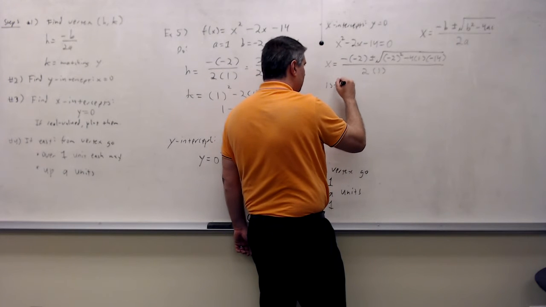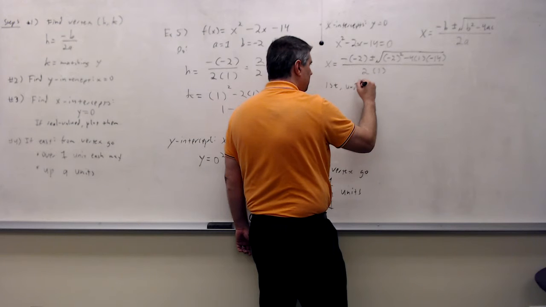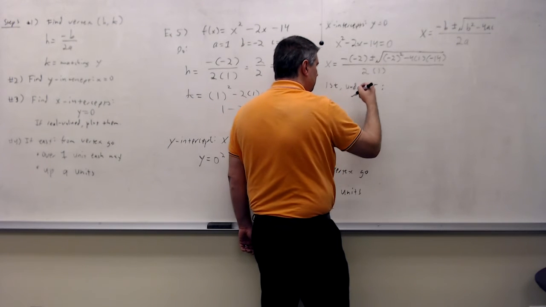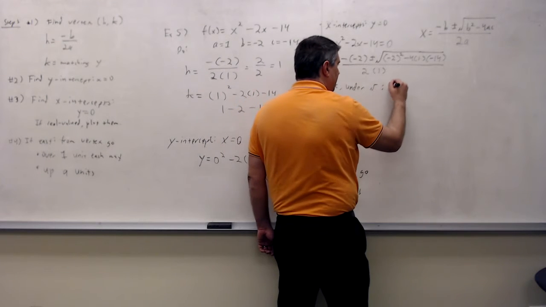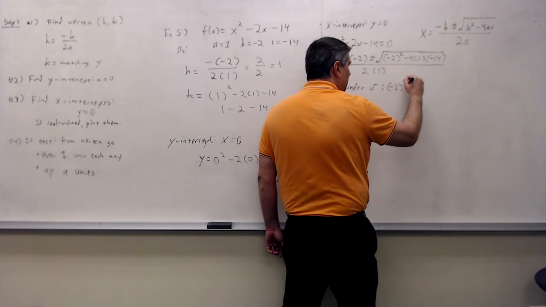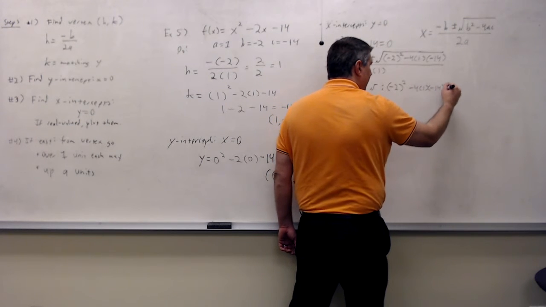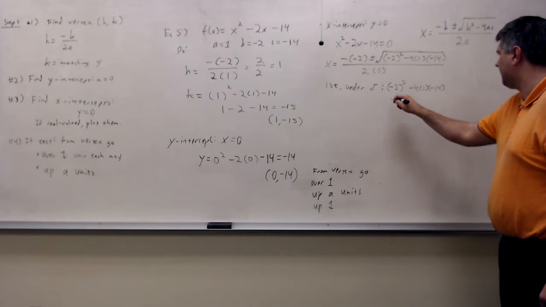So first, under the radical. That's going to be negative 2 squared minus 4 times 1 times negative 14. So that's 4.